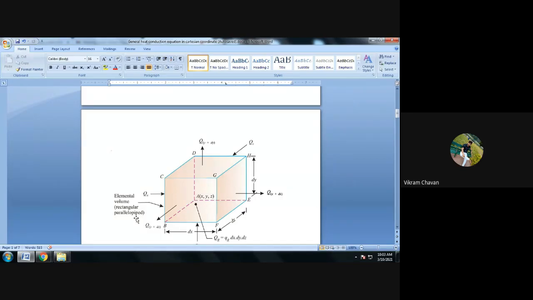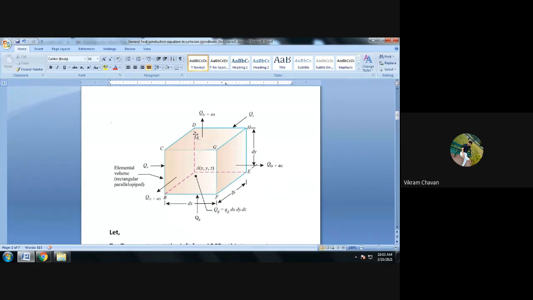So we consider this parallelepiped as having thickness dx in the x direction, dy in the y direction, and dz in the z direction. Further, we have given nomenclature for each corner of that parallelepiped: a, b, c, d, e, f, g, h.